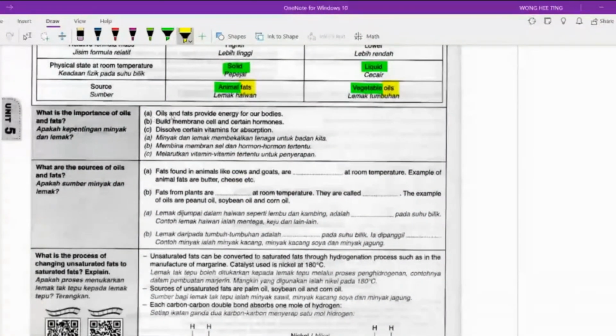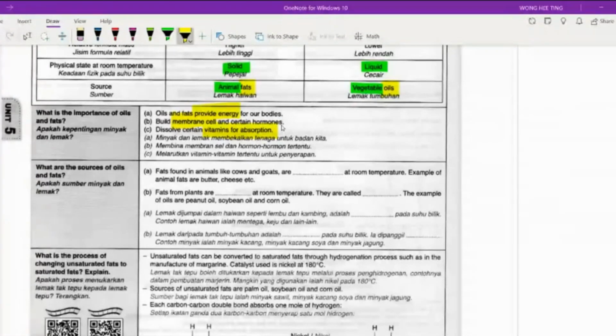Oils and fats provide energy for our body, build cell membranes and certain hormones, and dissolve certain vitamins for absorption. So what are the sources of oils and fats?